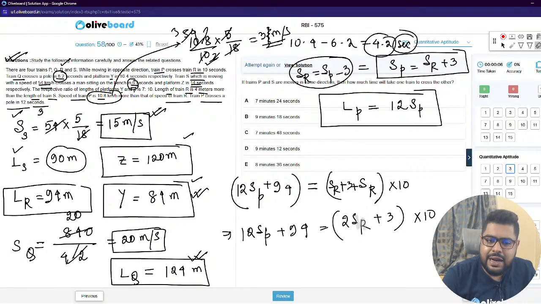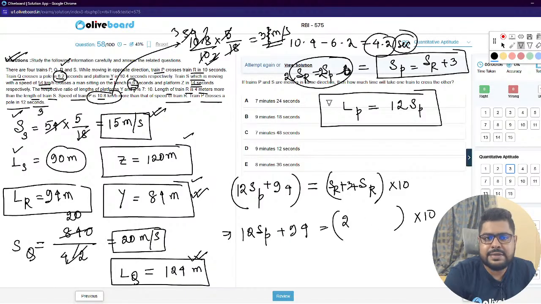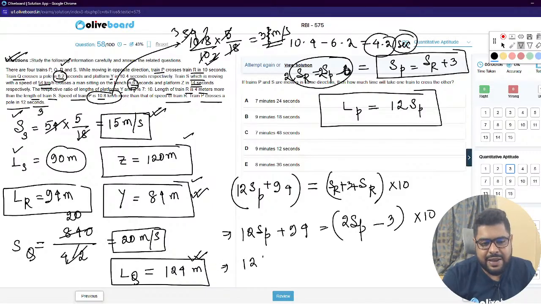So SR is equal to SP minus 3. So just let me write it like this. So SP plus SR will be 2SP minus 3. So from there 12SP plus 94 equal to 20SP minus 30.